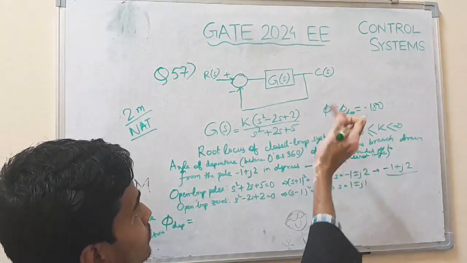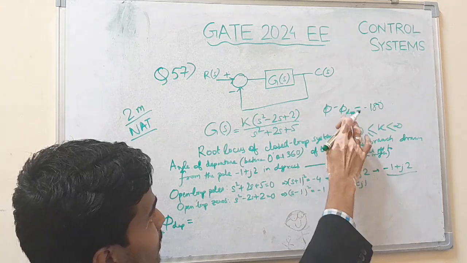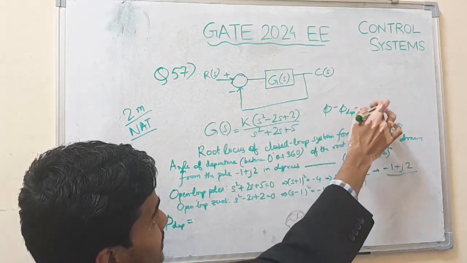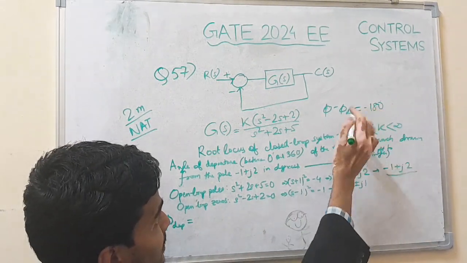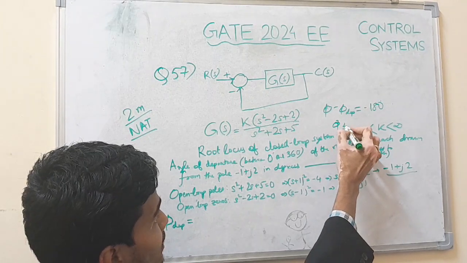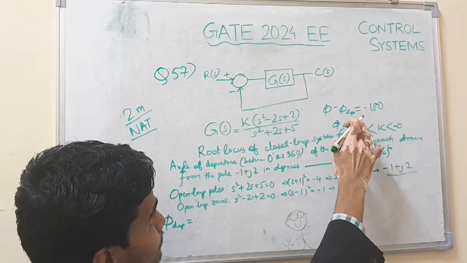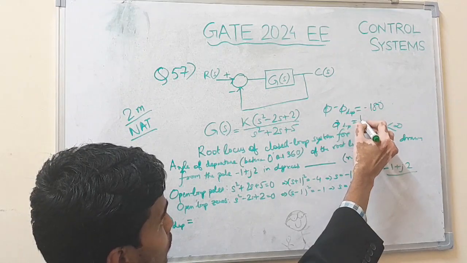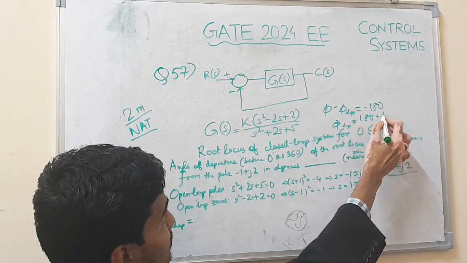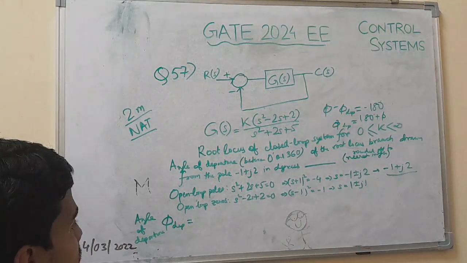From here we can take this phi departure to the other side, and phi departure will be 180 degree plus the contribution of the other poles.